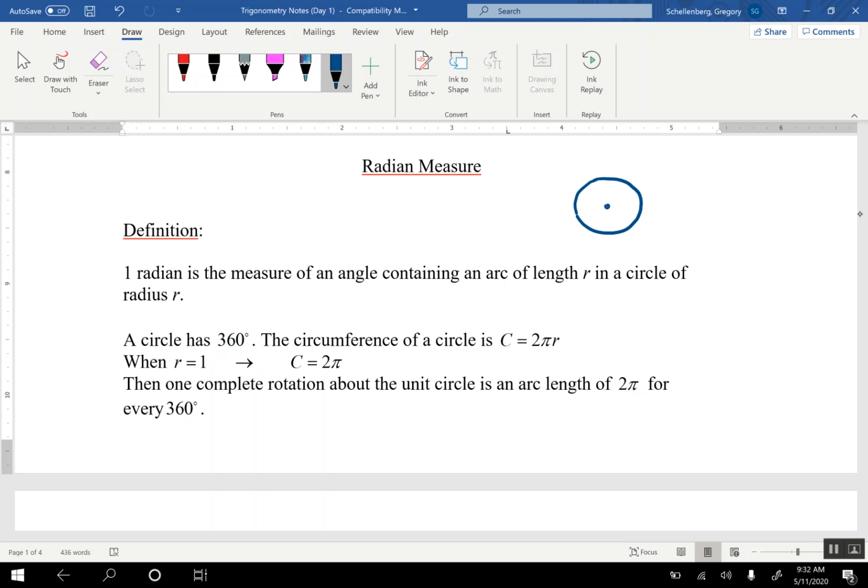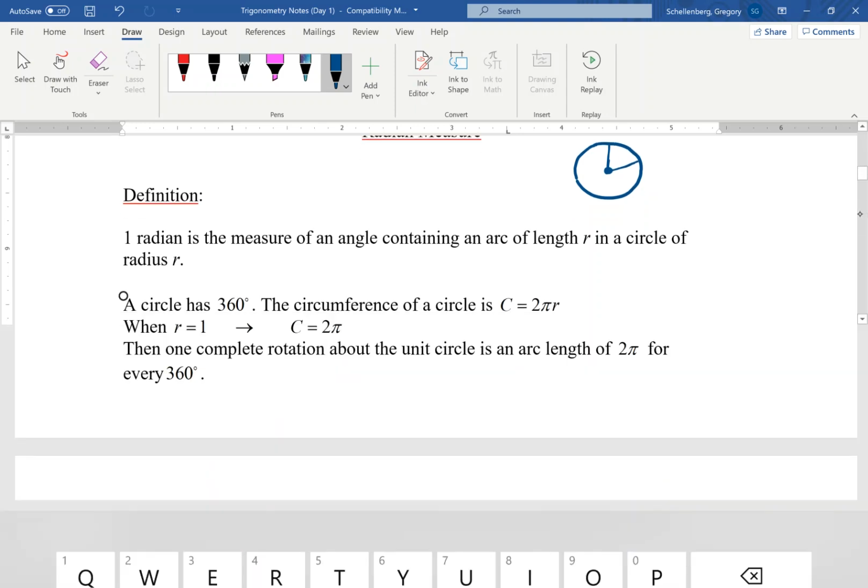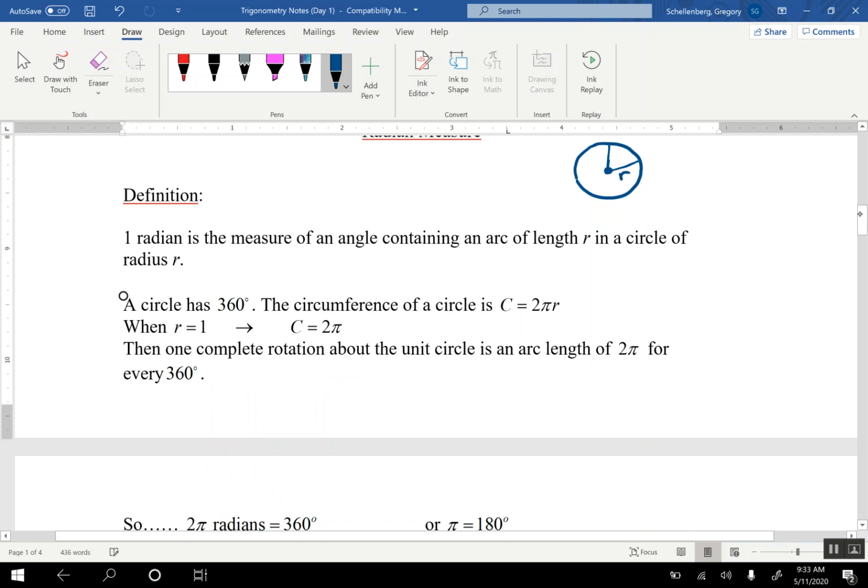Here's the center of our circle. I'll do the best job I can do here. So we would agree that what I've just drawn is a radius. And here's another radius. So I'm going to label the radius as having a length of r. And of course, they will both have the same length.